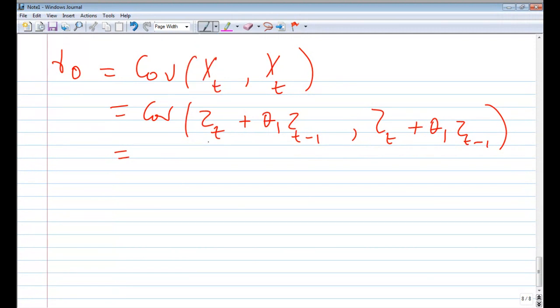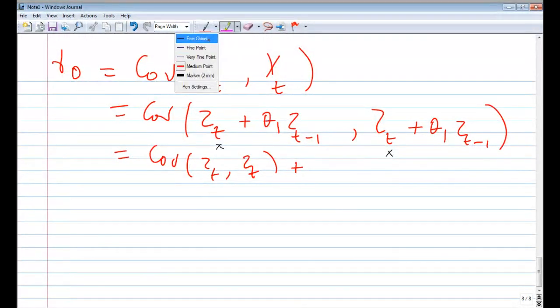So where do we start? We start with combining zt and zt. When you combine zt and zt, you are going to get the covariance of zt and zt. Then you said plus. You combine zt again with theta 1 zt minus 1.